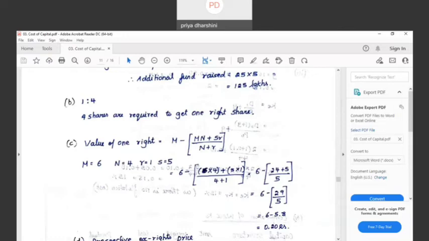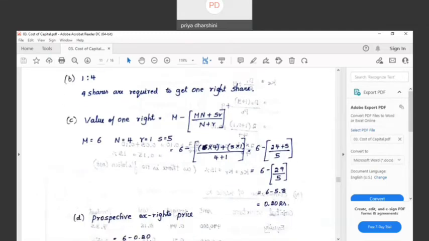Total spending will be 24 plus 5, for how many shares? 5 shares. So 29 divided by 5. My spending is 5.8. But how much is the original share price? 6 rupees, which means how much is the benefit derived because of this rights issue? It is not 1 rupee. It is 20 paise only. Are you able to understand?